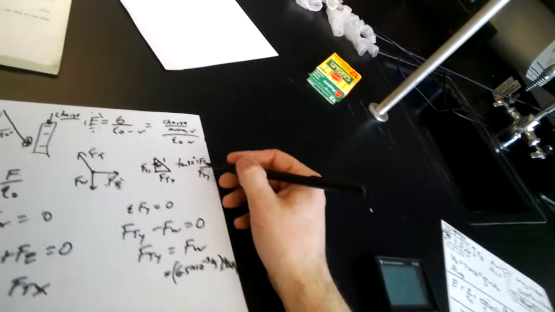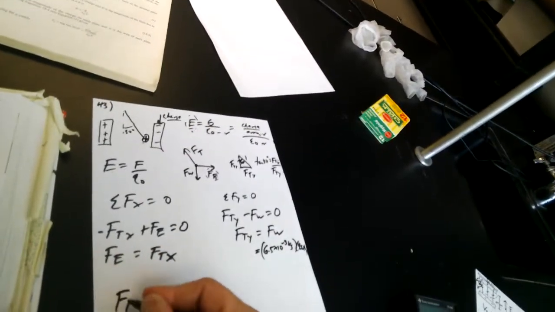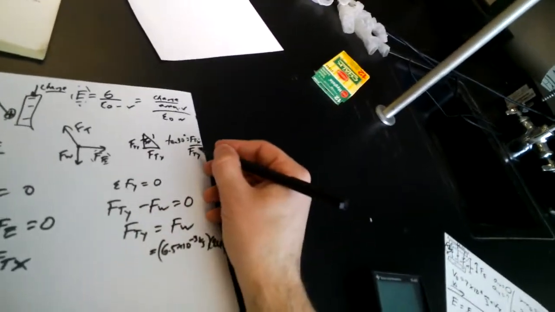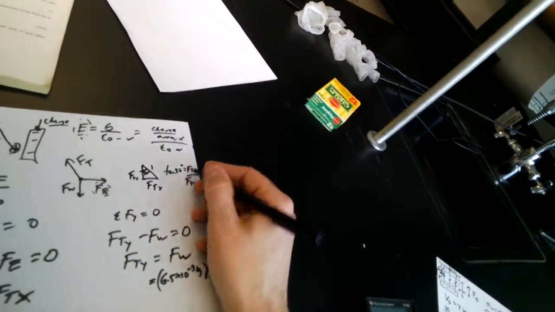So now I have a way to relate the x to the y direction, and I got the y component, which means I can get the x component, which means I can get FE. So let's go ahead and do that. I better solve up here to make this clear. We're looking for tension in the x. So tension in the x will be tan 30 times FTy. So this will equal FTy tan 30.